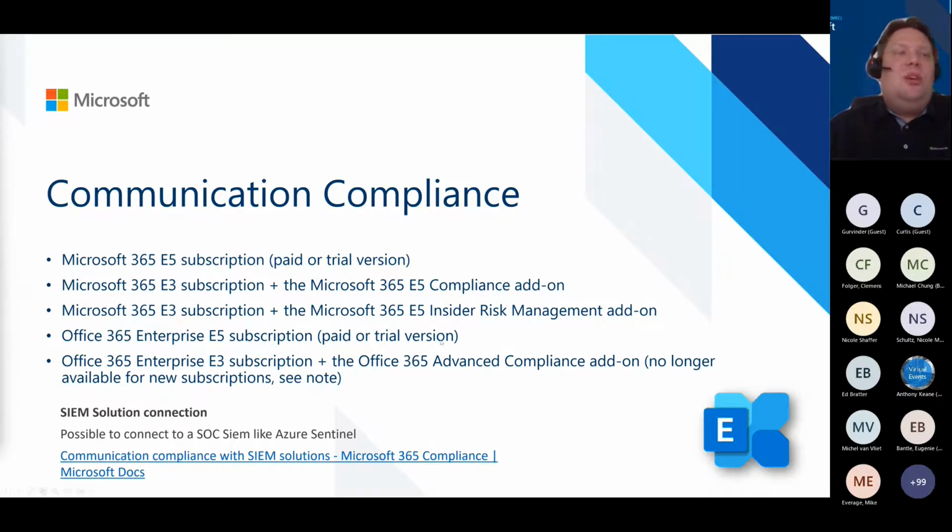And this is really great: you can get all of this information from communication compliance, also from insider risk, to Azure Sentinel, and there's a connector for sending communication compliance information to Azure Sentinel. This is a hint for enterprise companies, finance companies, and also companies in the critical IT infrastructure area: please connect the information to Azure Sentinel.